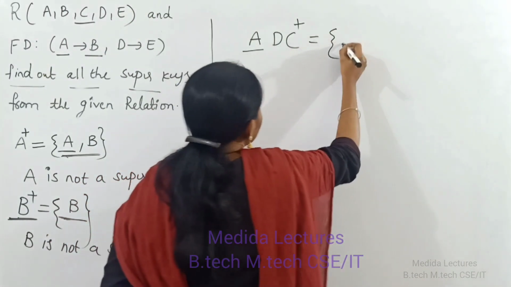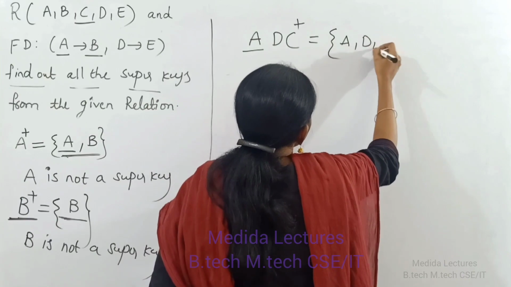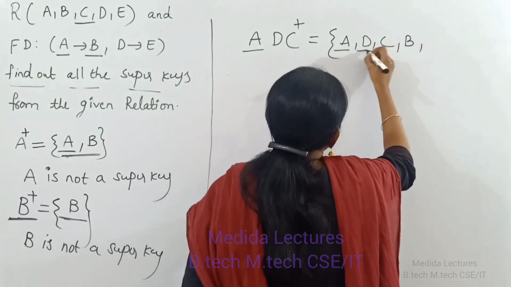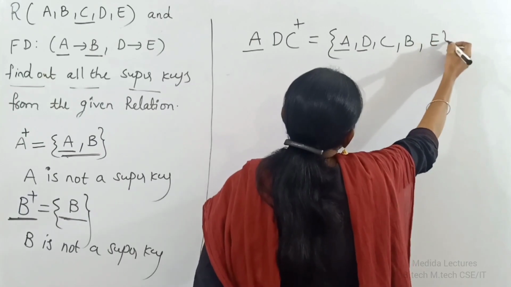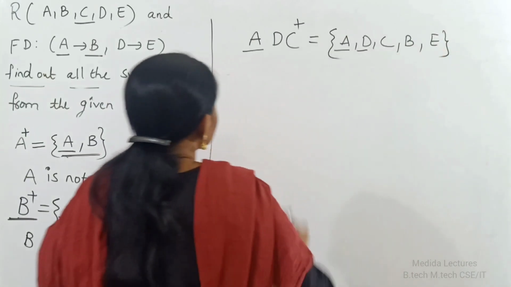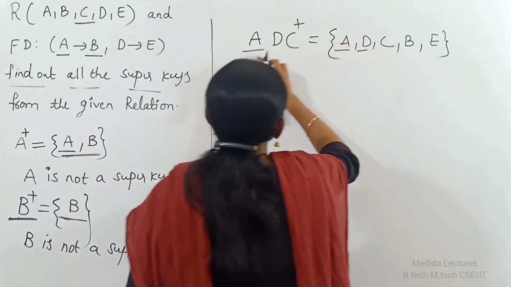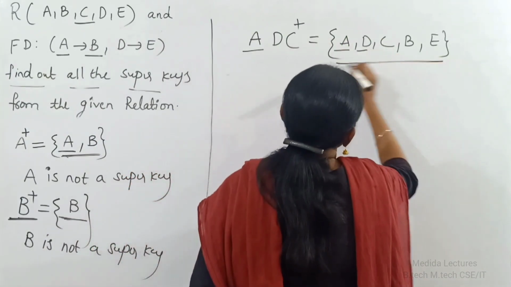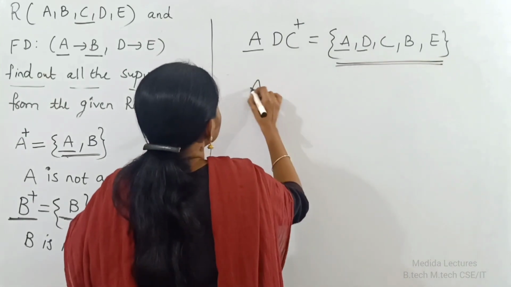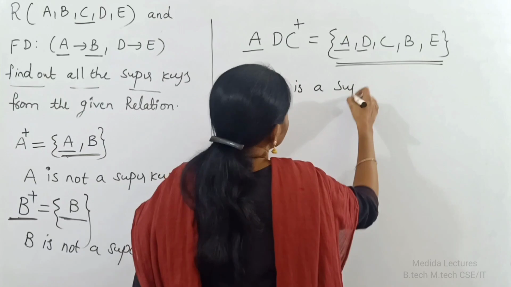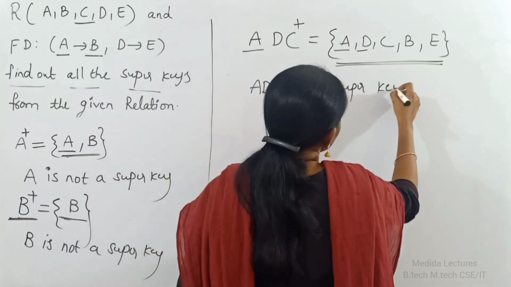ADC itself determines A, D, C. If you have A, then you can determine B. If you have D, then you can determine E. So ADC closure consists of A, D, C, B, E, all the attributes. So ADC is a super key.